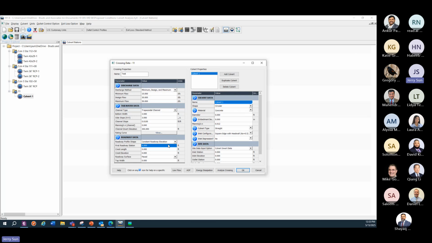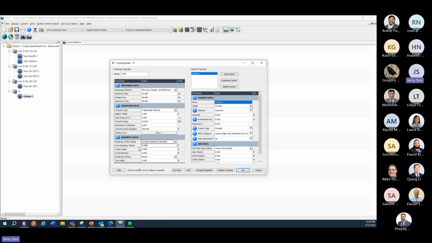For the roadway, if pipe overflow happens, you need to pay attention to this, the elevations. If you assume no overtopping happens, that doesn't matter. Once the elevation is above the maximum water elevation, it should be okay.